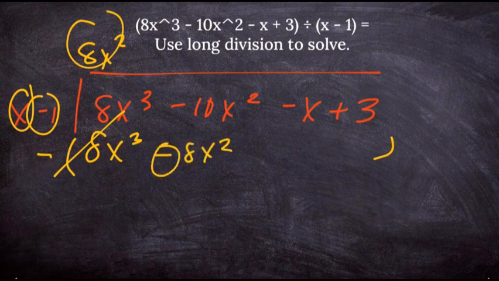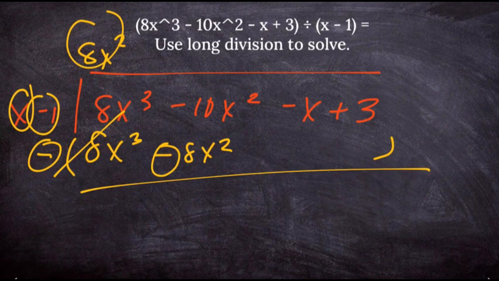However, this turns into addition as we have an extra minus sign on the outside of the parentheses, which is a rule. So take that and subtract negative 10 plus 8, giving us negative 2x squared. And then bringing down the negative x over here.